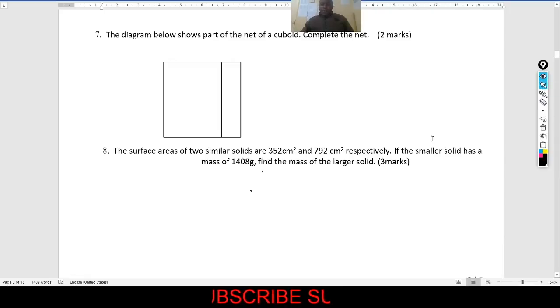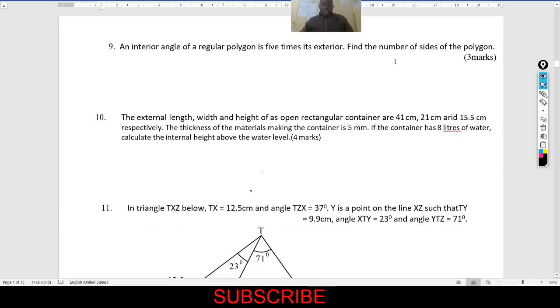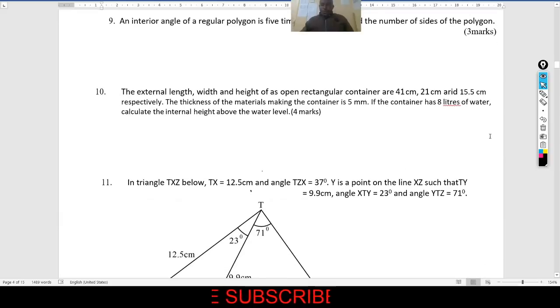Now, when you are dealing with question number 9, he's talking about an interior angle of a regular polygon. Call this the exterior angle. An interior angle is 5 times the exterior. If the exterior is x, the interior is 5x.